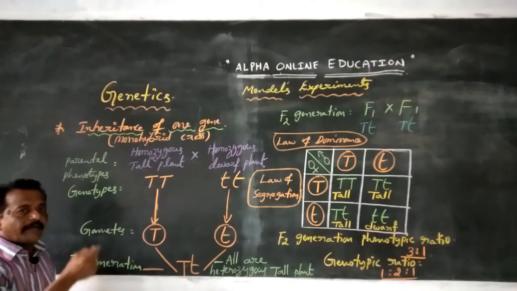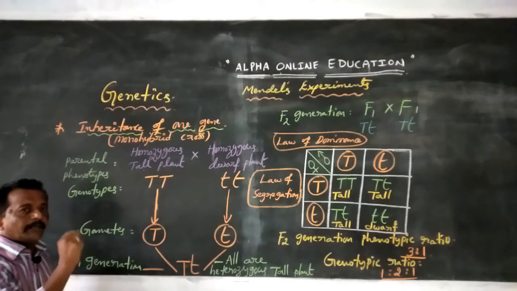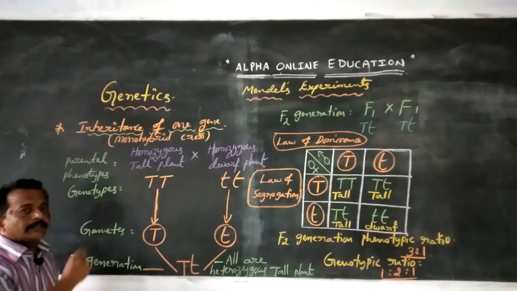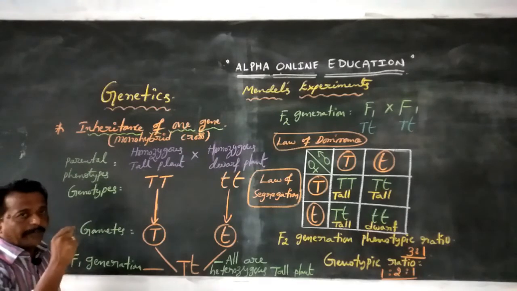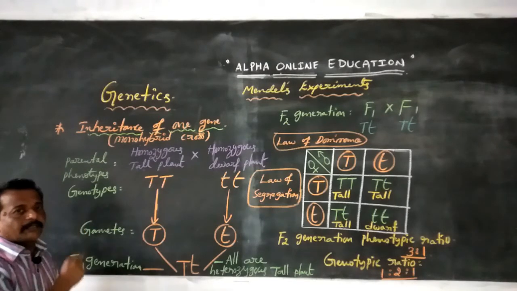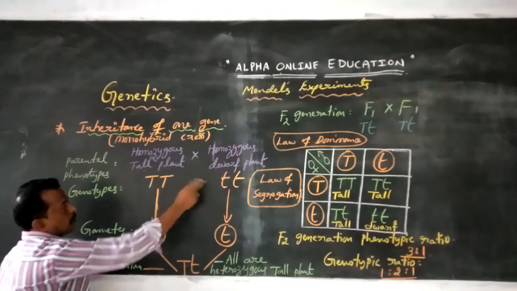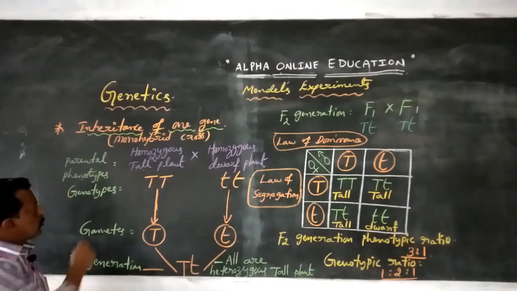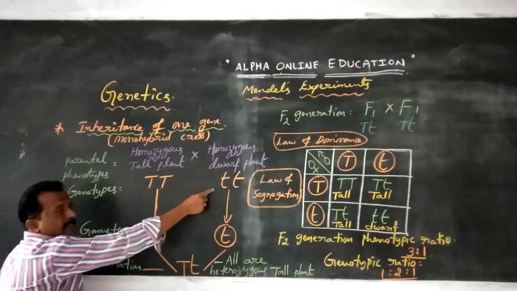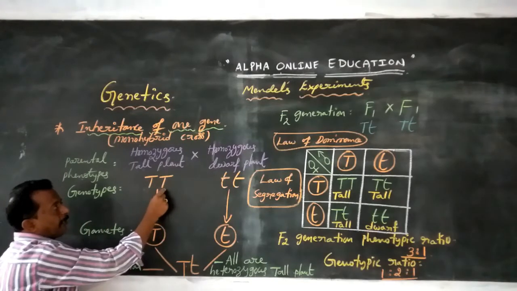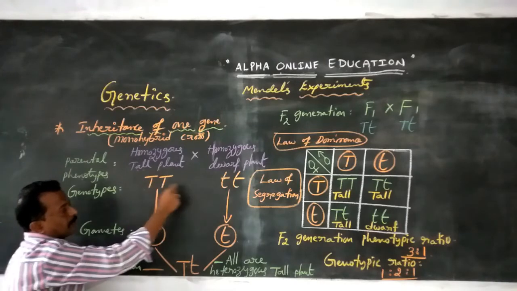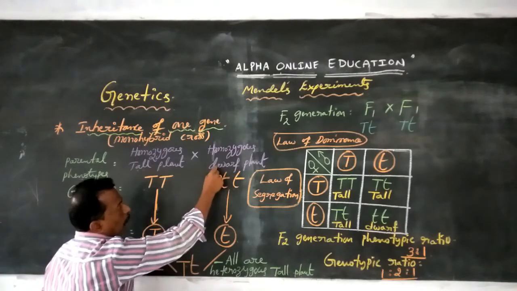We always write the capital letter first, then the small letter. Capital T expresses the dominant character, small t expresses the recessive character. So these two are genotypes: capital T for the tall plant, small t for the dwarf plant.